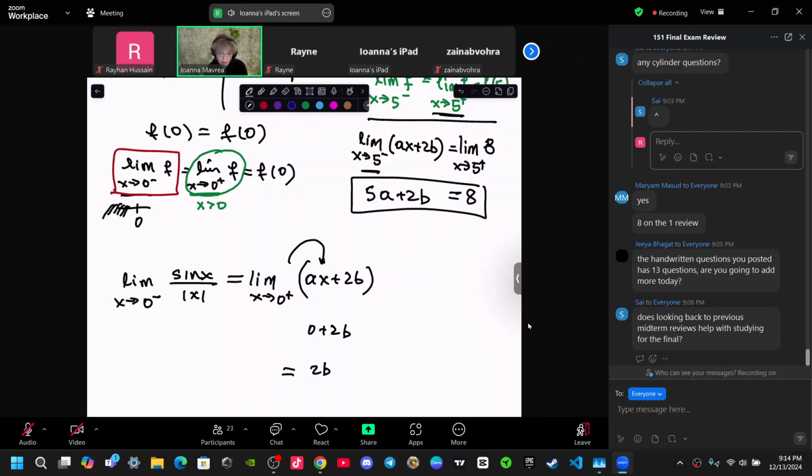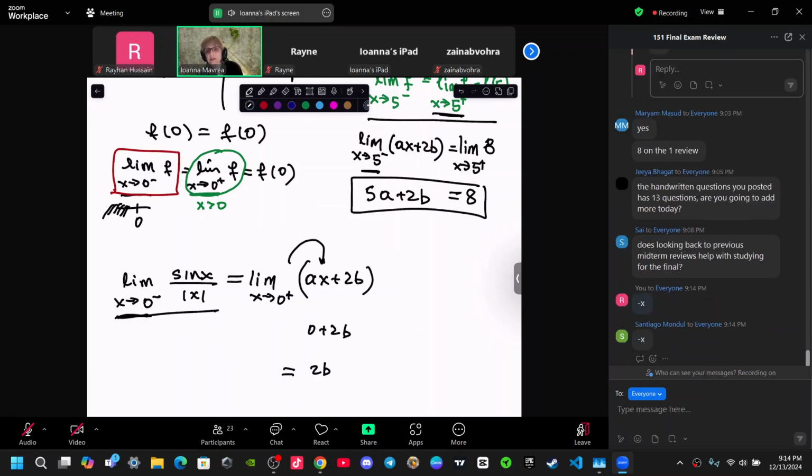That's awesome. And now I need to evaluate this limit. I can't unless I get rid of the absolute value. So since x goes to 0 from the left, how do I simplify the absolute value? What do I do in place of it? Negative x. So this needs to be replaced on your paper by negative x.